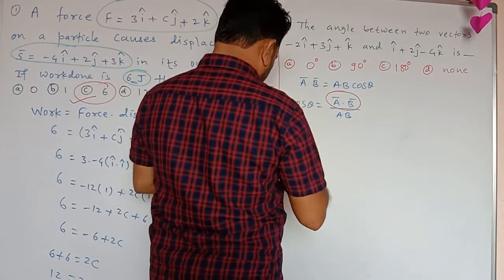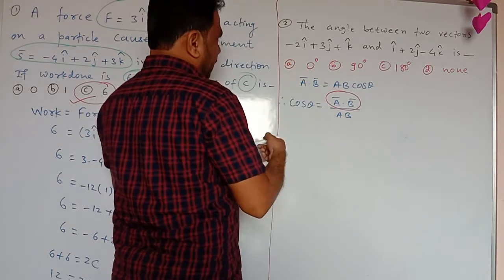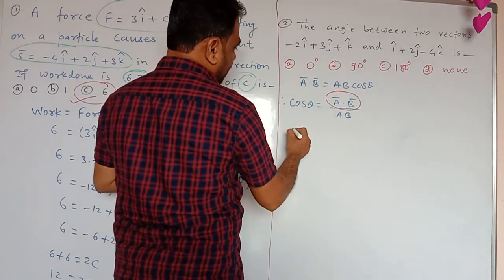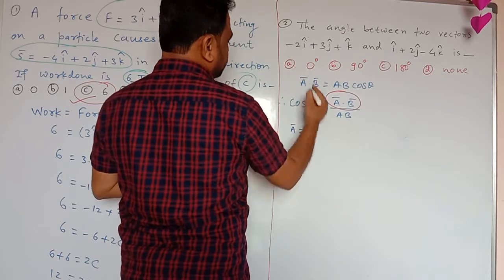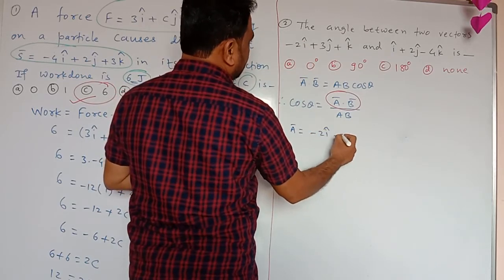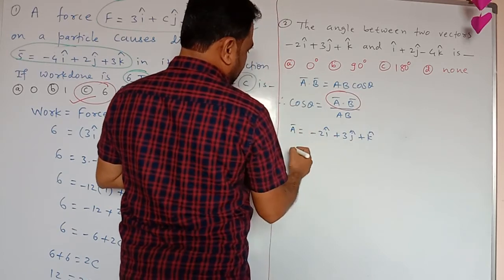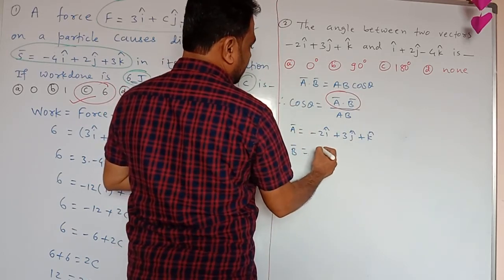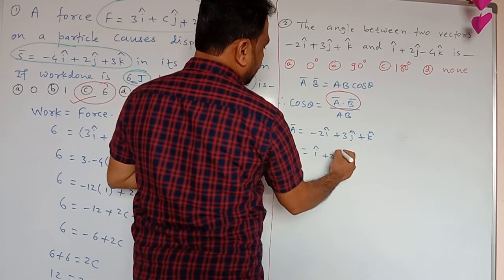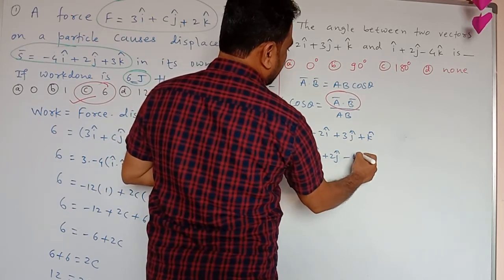So what about vector A? Vector A is equal to, suppose, minus 2 i cap plus 3j cap plus k cap. Then vector B is equal to i cap plus 2j cap minus 4k cap.